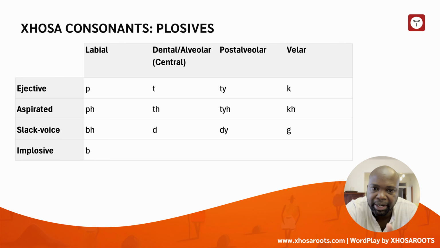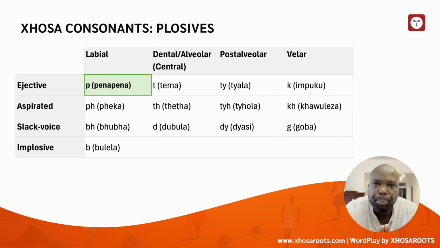The plosive bilabials. First, we have the ejective, which is p. An example of that is ukupena pena, the tossing and turning that is as a result of someone being afflicted by pain, or when someone grabs their stomach when they're suffering from some sort of ailment, that is called ukupena pena.